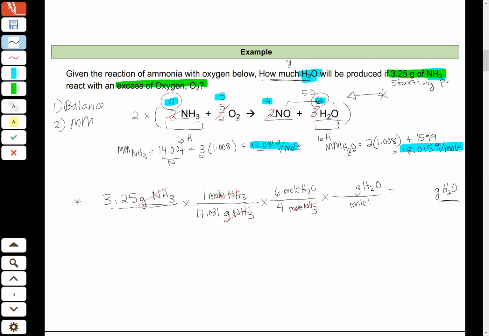So we're going to have our actual yield, or our actual mass that we determine experimentally, divided by our theoretical yield. We're going to multiply that by 100.